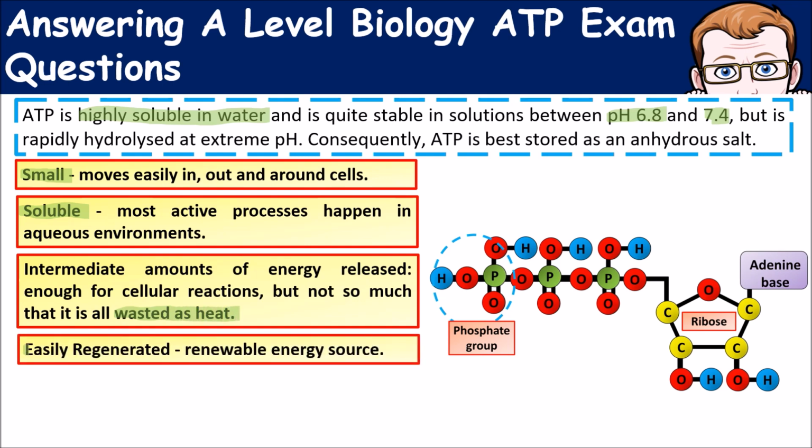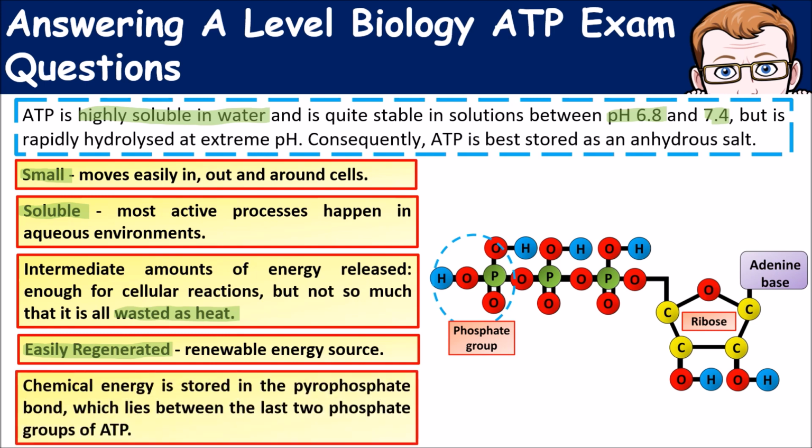It's easily regenerated, so ADP can be converted back into ATP, so we can think of it as a renewable energy source. And like we said, the energy within that ATP lies mainly between those last two high energy phosphate bonds, so kind of there.